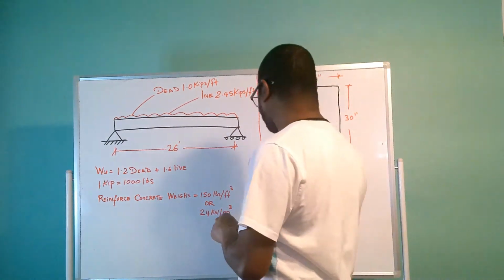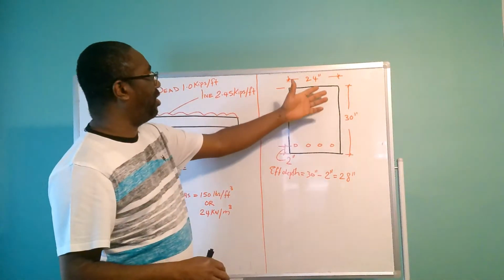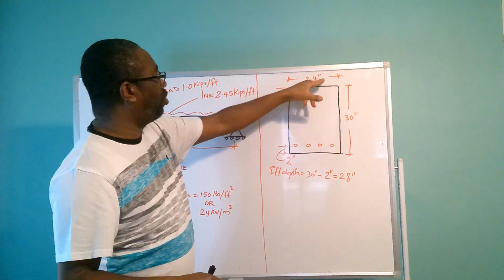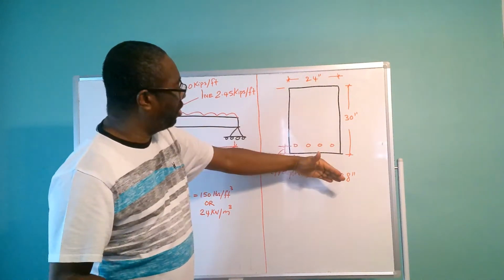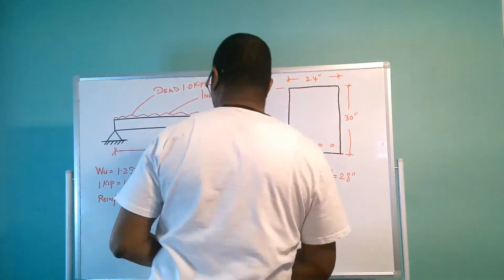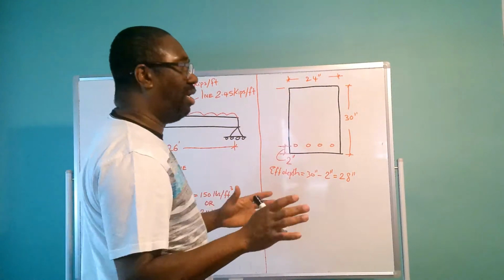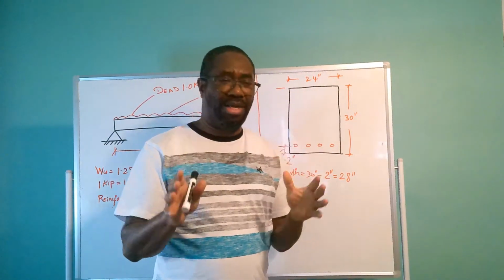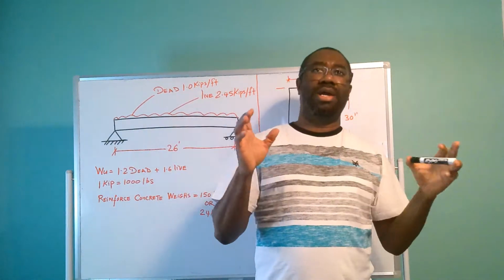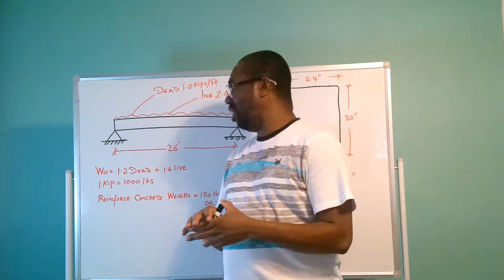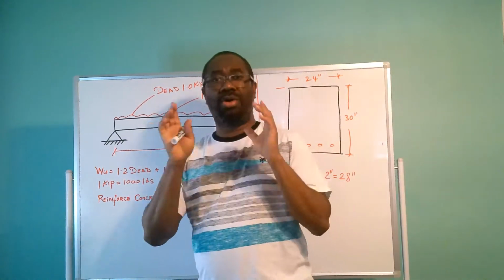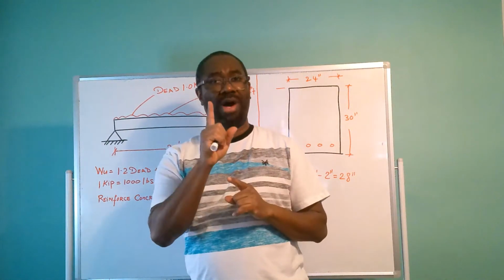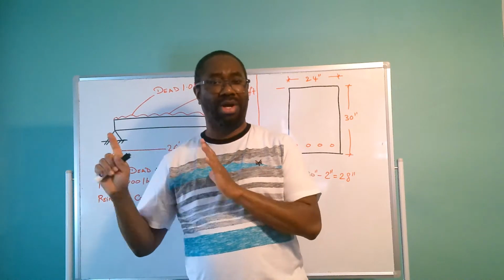So this beam has a cross section of 24 inches by 30 inches in depth. In engineering design, even though the beam spans 26 feet, we are only going to design for 1 foot length.